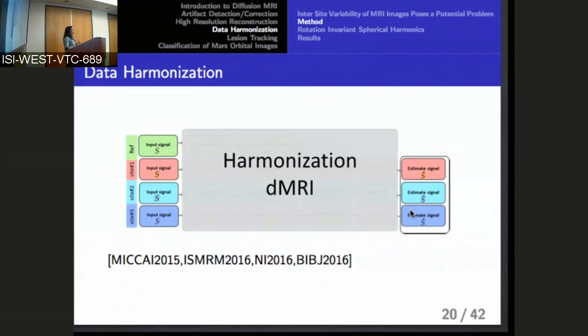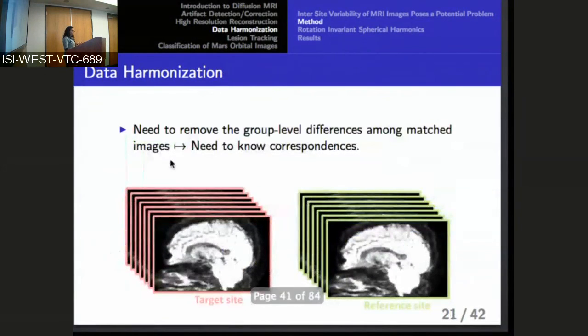In the output, we harmonize those images with respect to one of those centers. We set one of them as our reference site, and we harmonize the others to it.